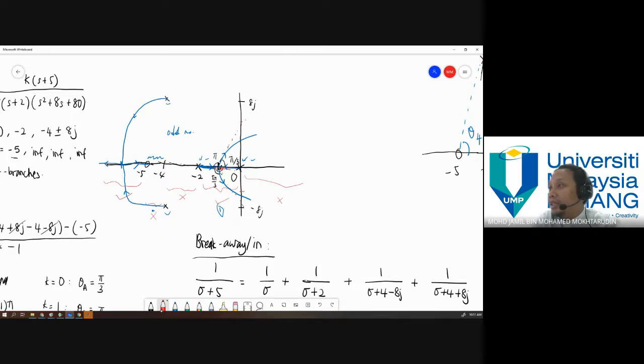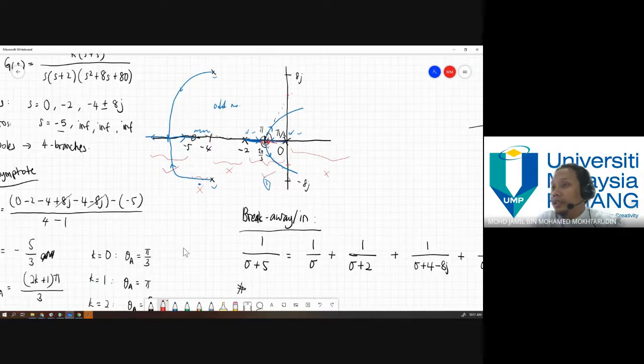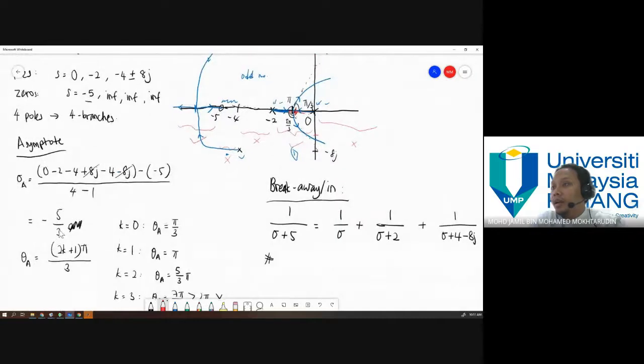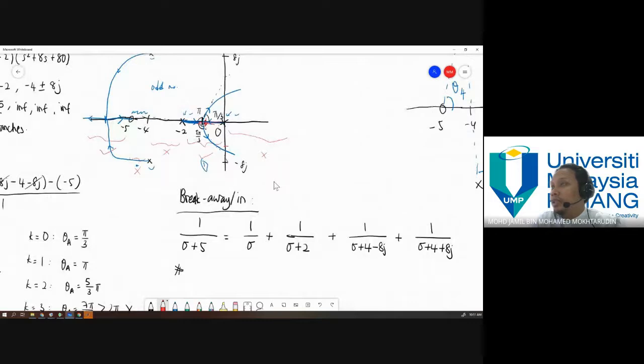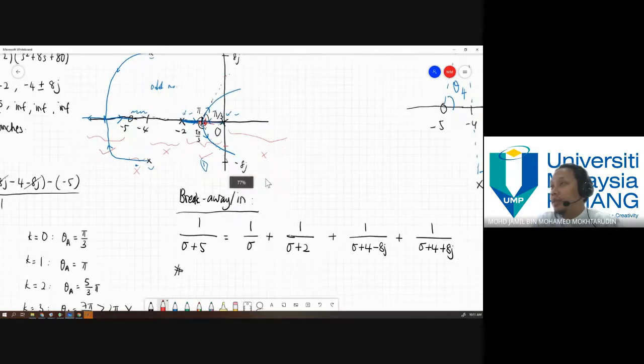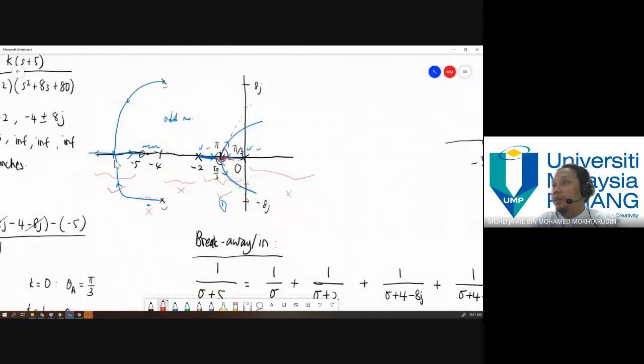And the breakaway point, I said just now, should be less than negative 5/3. So we have two breakaway and also break-in points. When you solve this equation later, you will get two sigmas, okay? One sigma will be at this point here, so sigma 1 here, and another sigma is here. You calculate later, okay? Try to do it.